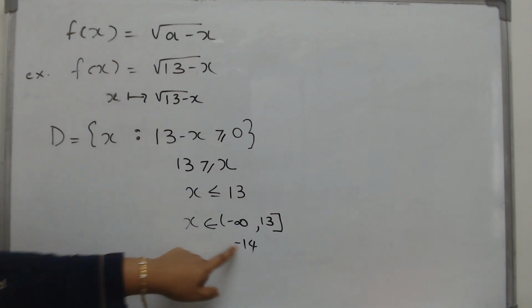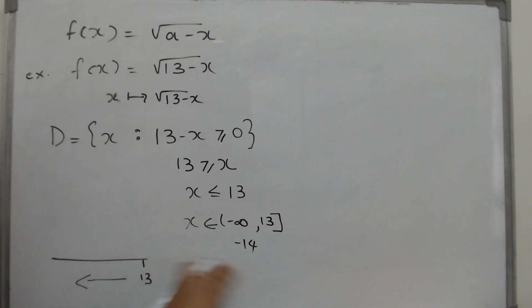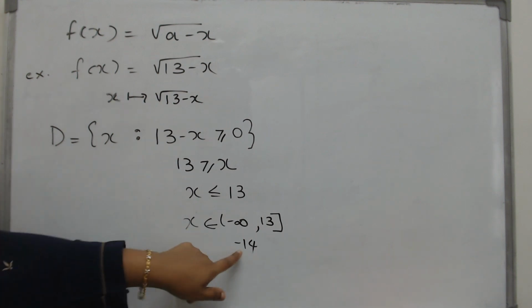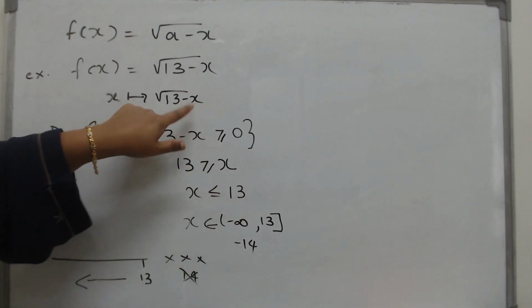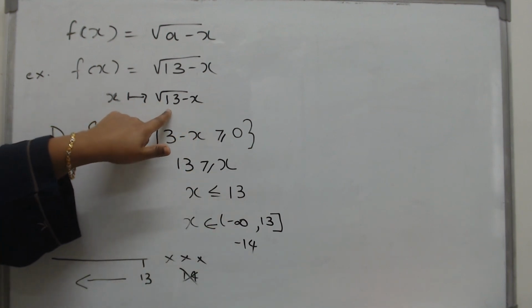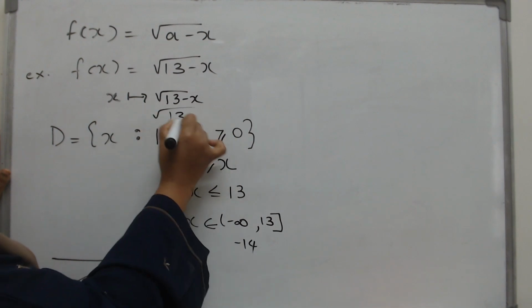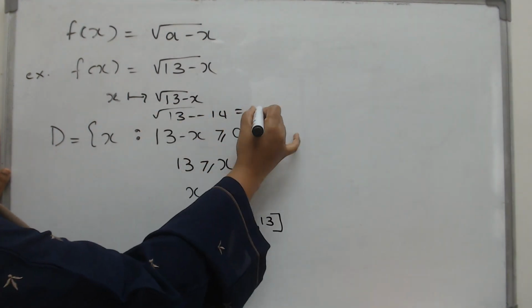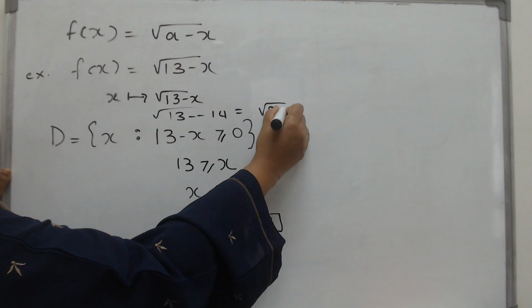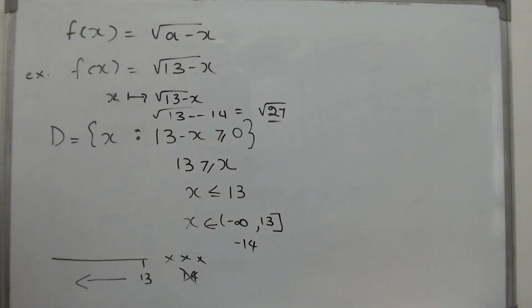So you have to take minus 14. 14 lies in this area that we have already crossed out. You cannot take this. Take minus 14 and substitute it here. What do you get? 13. Square root of 13 minus 14, which is what? Square root of 27. It is what? A positive number. So it is a real number.